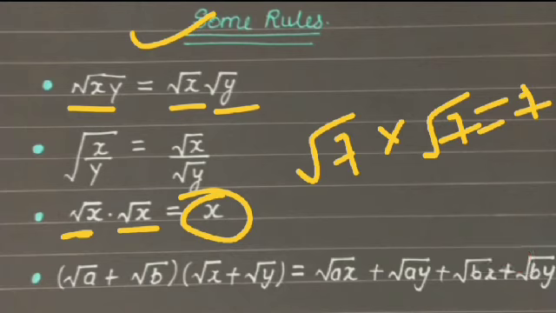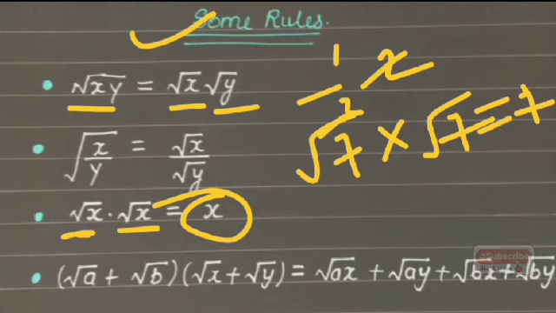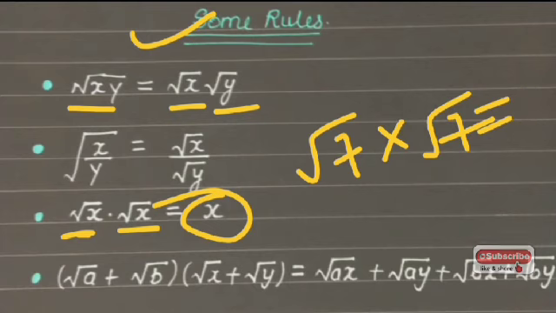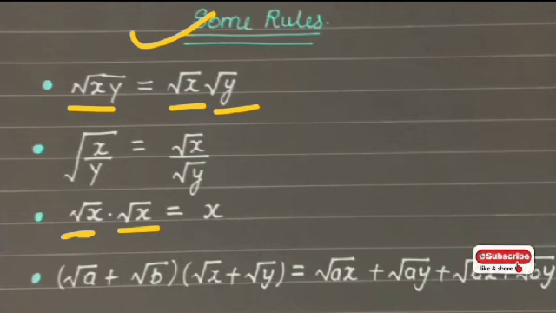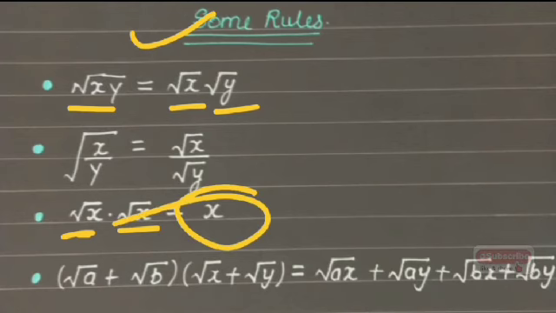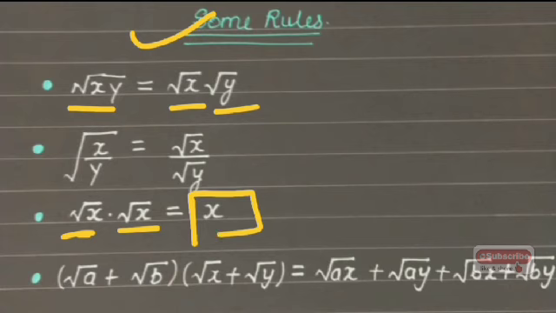I already told you why it happens, because root actually means the power 1 by 2, and when it gets multiplied by 2, because of the square, the 2 gets cancelled and what is left is the number only. That is the reason. But still, if you want, you can learn it by heart, but better don't; try to learn the maths, because it is a very interesting subject if you are understanding it.